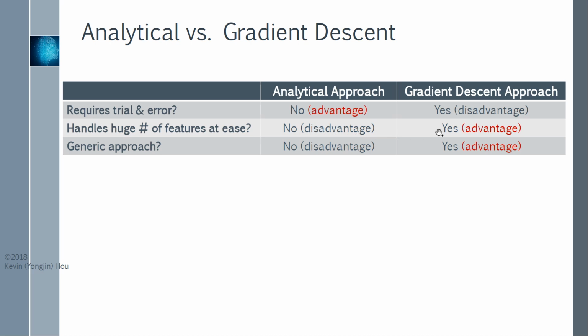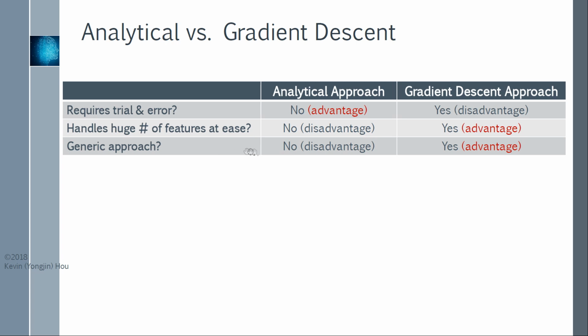On the other hand, the gradient descent approach can still do things with ease, even when the number of features, k, is huge. So that becomes an advantage for gradient descent on this second criterion.